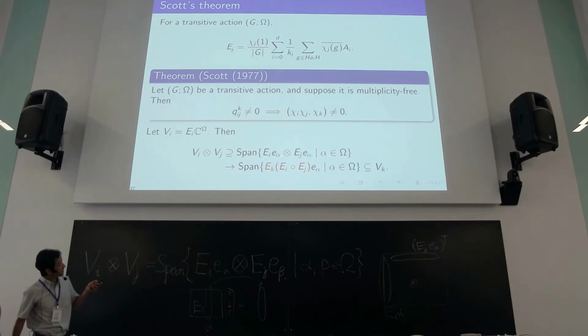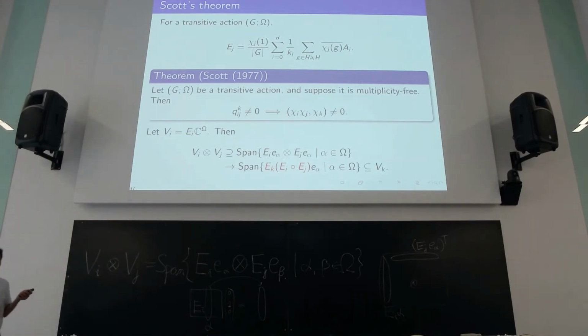So you cannot simply send this to that without checking well-definedness. So a little work is involved to show that there is a homomorphic linear mapping which sends this to that. But once you see that there's a linear mapping, it's clear that this is compatible with the G action.